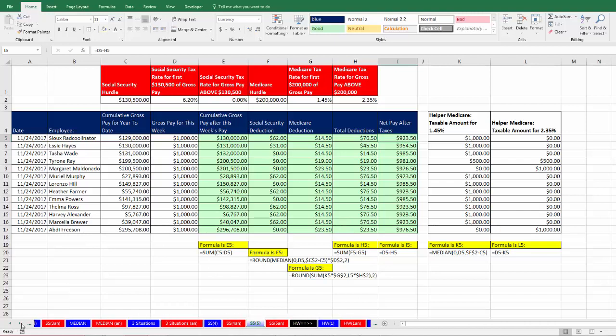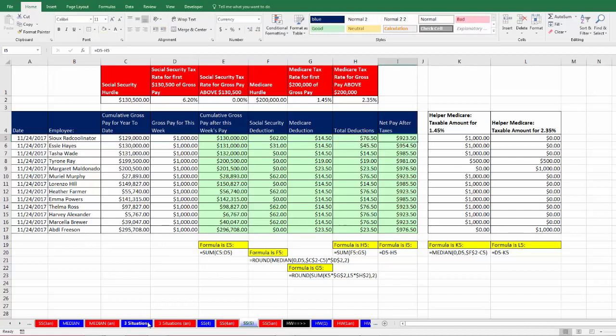Now, there are a bunch of homework problems for you to practice. And in this video, we saw a complete payroll table where we calculated cumulative after the paycheck, Social Security tax using the median, Medicare, where we calculated based on a helper column where we did our median calculation, total deductions, and net pay.